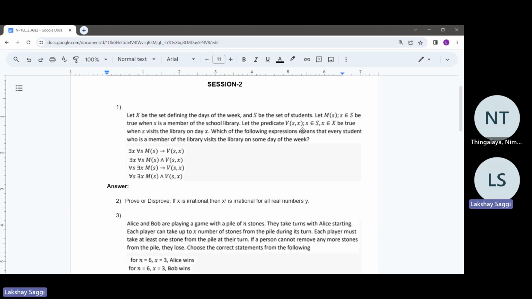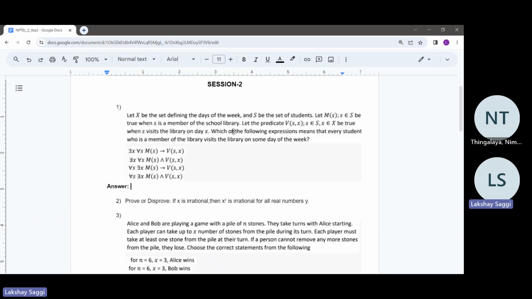And the predicate V(S, X) be true when S visits the library on day X. So basically this predicate V denotes whether the student S has visited the library on day X. This M(S) means that S is a member of the library. Which of the following expressions means that every student who is a member of the library visits the library on some day of the week?